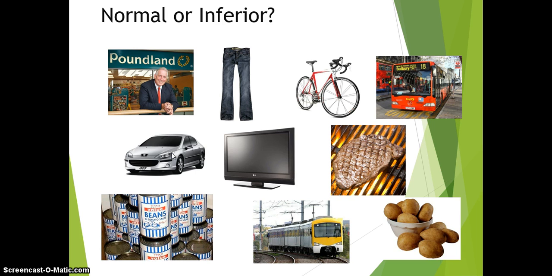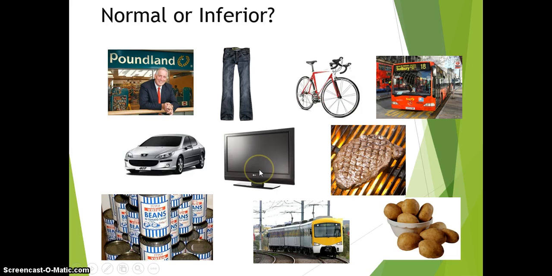There's so many different types of cars. So for example, Ferrari or Lamborghini would be a normal good. As you get richer, you're probably going to demand more of that type of car, but something like a Skoda or a, I don't know, smart car, little cheap one like that, it's probably going to be an inferior good in the way that you'll buy less of that as your income goes up.